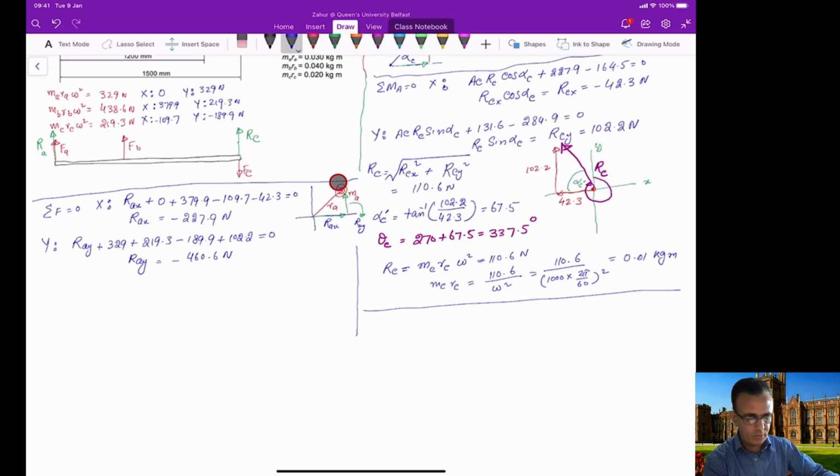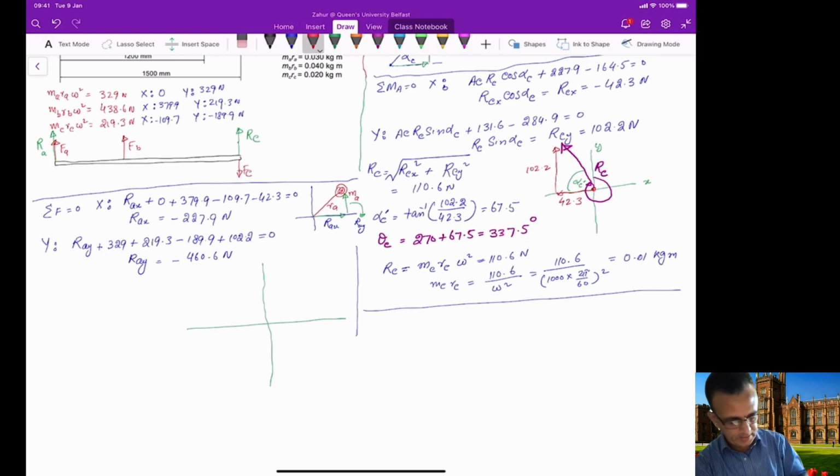So if you calculate this RAX and RAY, now if you see here, we assumed that RAX and RAY both are positive, but the actual calculation provided us with negative values. So this means that the assumption that we made was wrong, and the actual directions are in the opposite direction. So if you draw the actual RA here, the RA is in this direction.